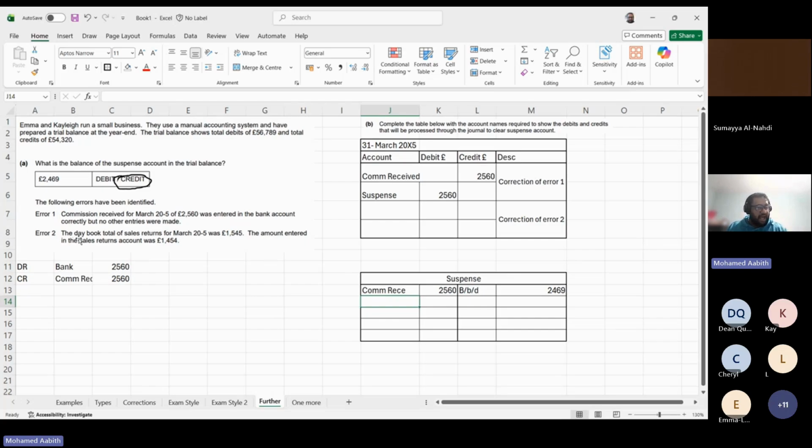So we need to find a way to correct the second error and see whether that clears my suspense account balance. So say here, a daybook total of sales return for March 2025 is £1,545. The amount entered in the sales return account was 1,454. So what they have done here, we have done everything correctly, but we have entered the amount incorrectly.